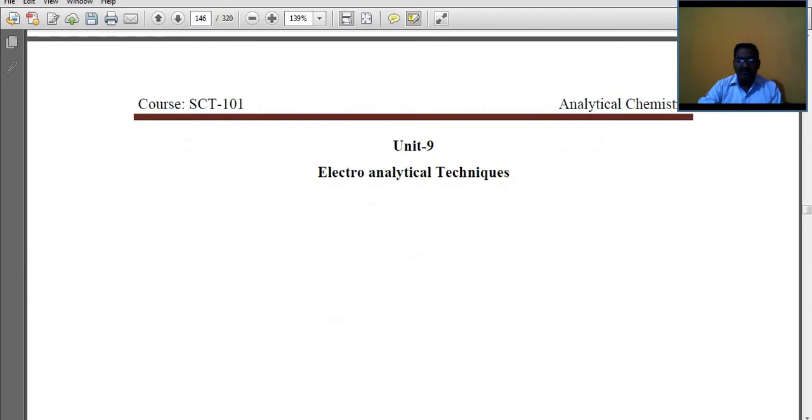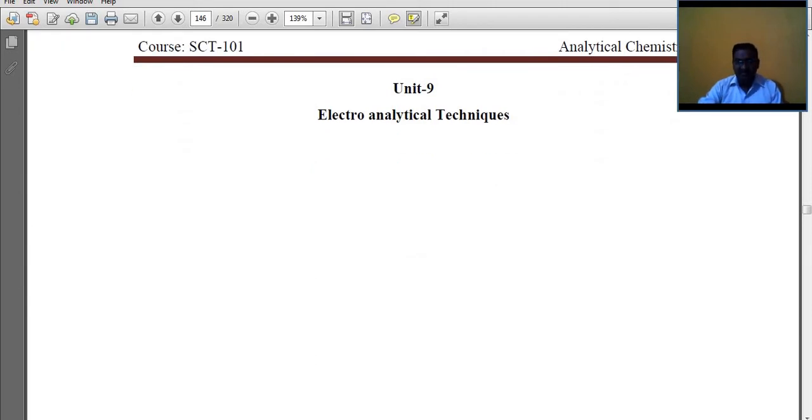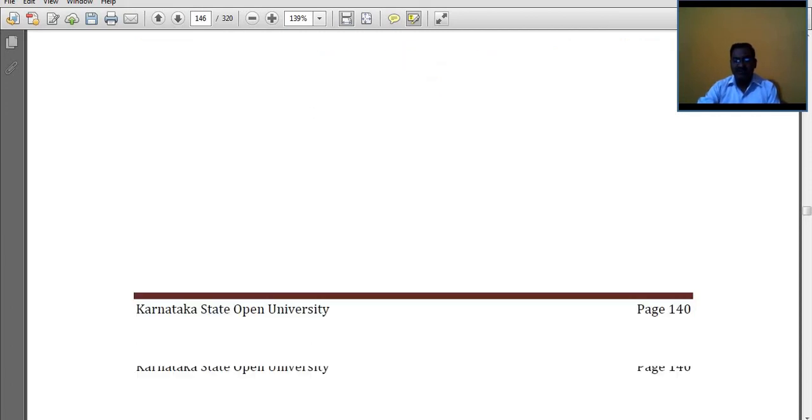Next, we'll continue with electroanalytical techniques. This is Unit 9, electroanalytical techniques.